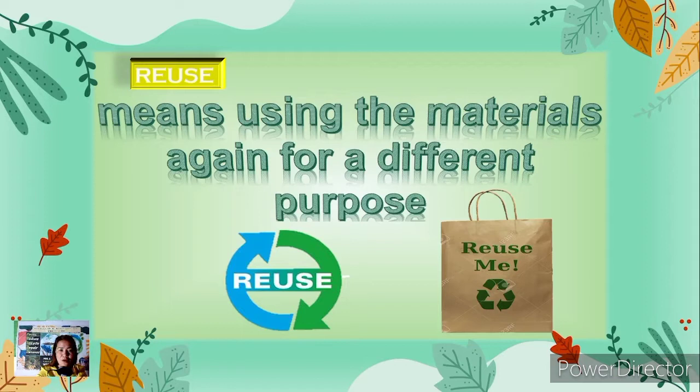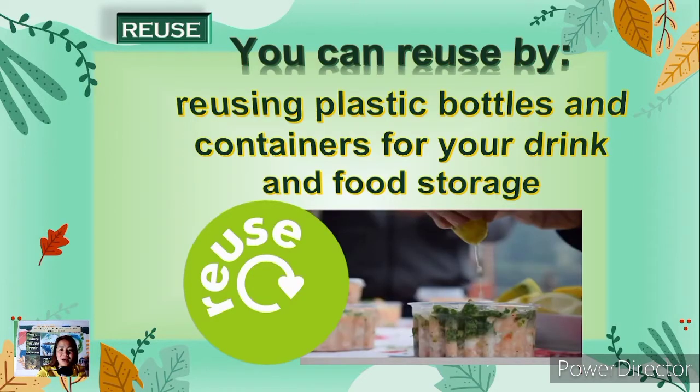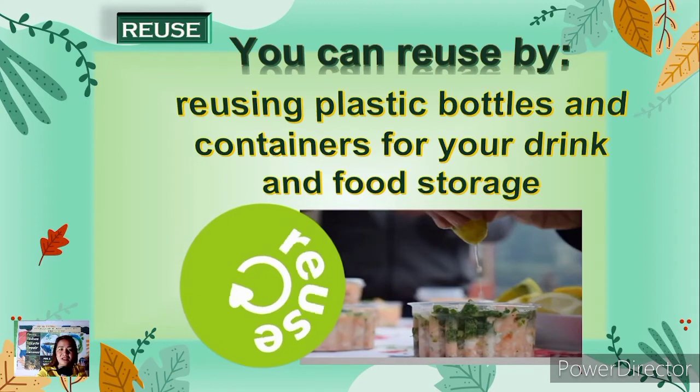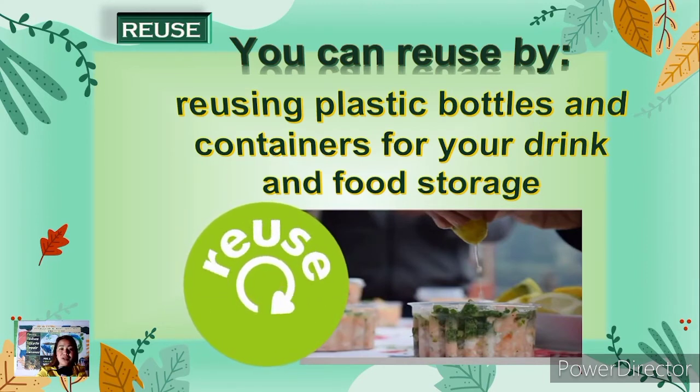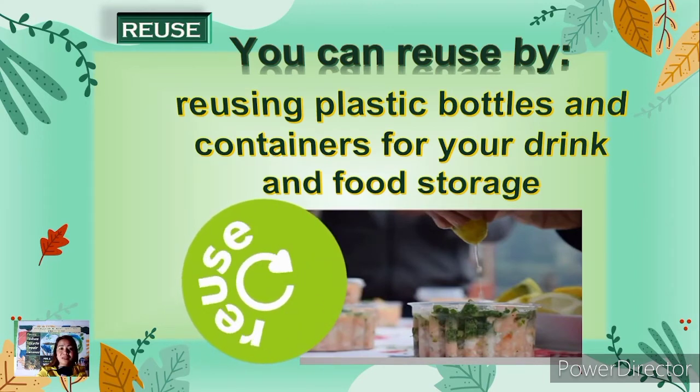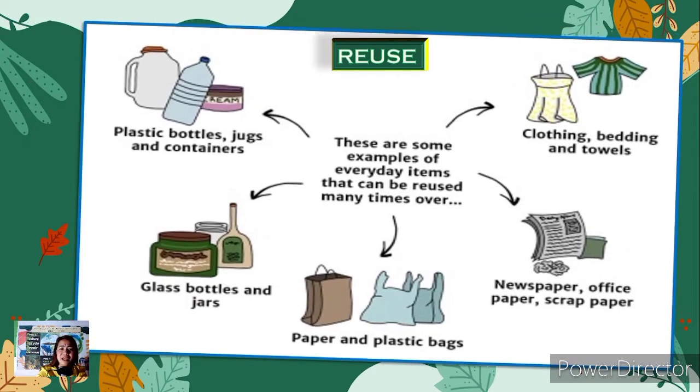Second R is reuse. It means using the materials again for a different purpose. You can do this by reusing plastic bottles and containers for your drink and food storage. But be careful.